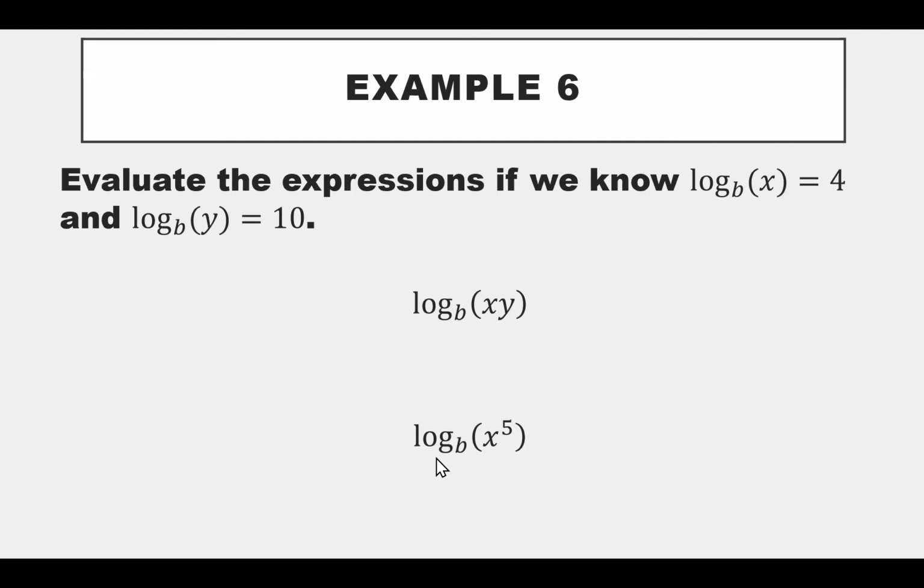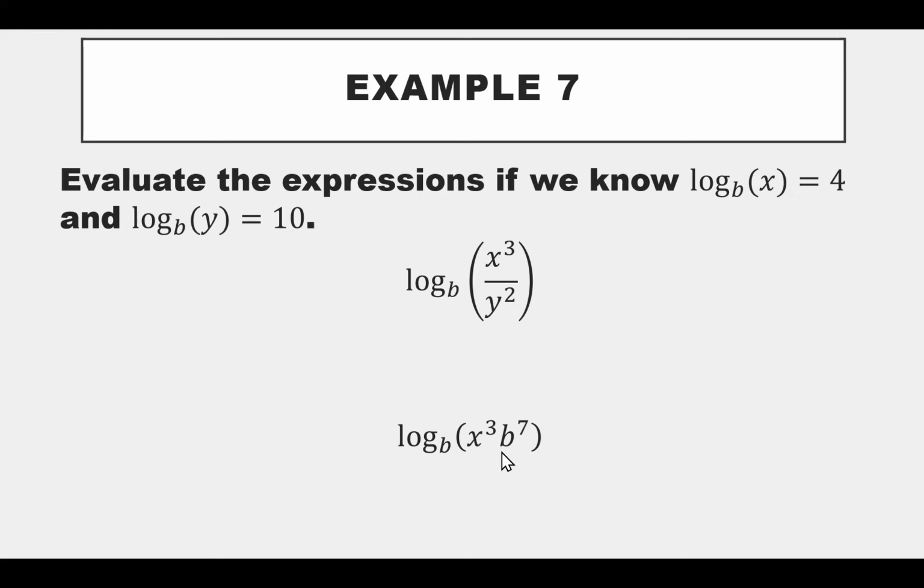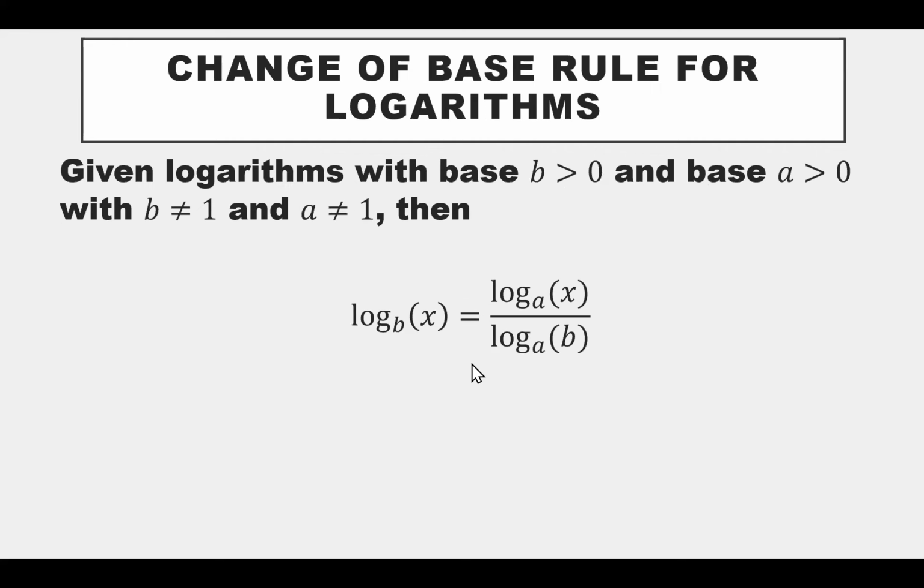I can find log base b of x to the 5th. I can find log base b of x to the third divided by y squared. I can find log base b of x to the third times b to the 7th. So if I know log base b of x, log base b of y, then I know log base b of more complicated arguments.